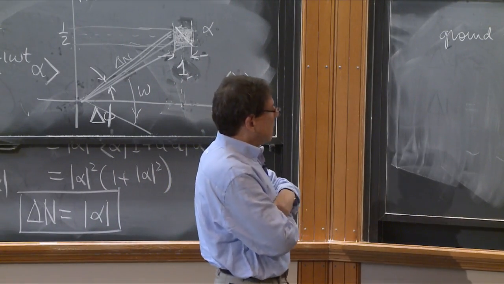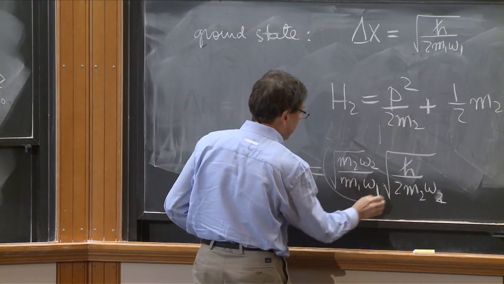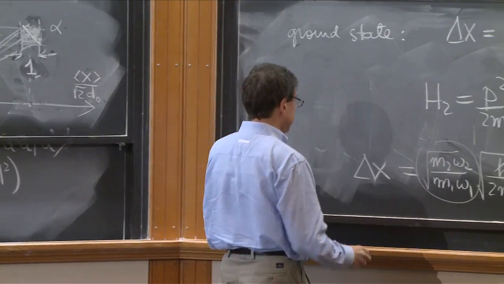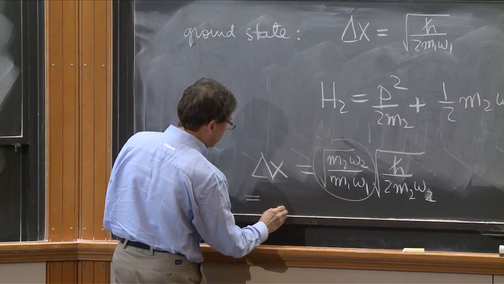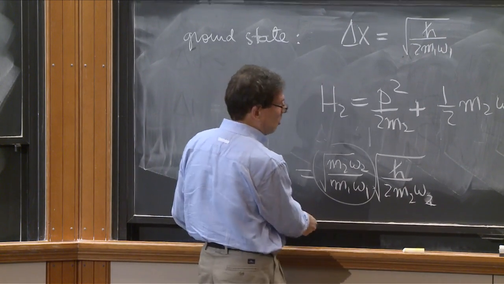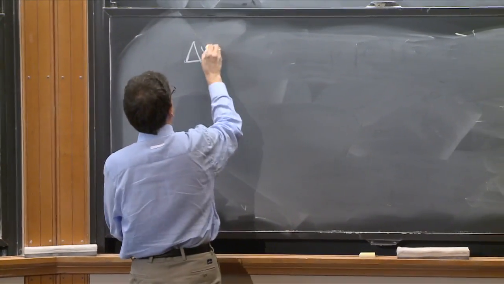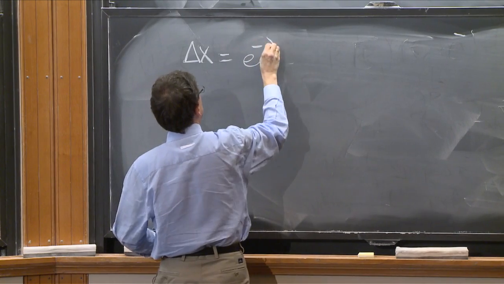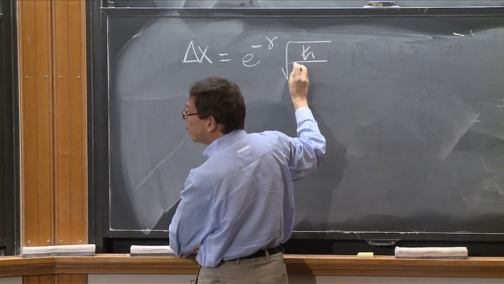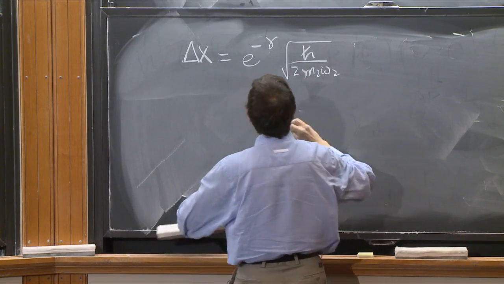I'll call this number e to the minus gamma. So this delta x is, I'll go to another blackboard, e to the minus gamma times the square root of h bar over 2 m2 omega 2.